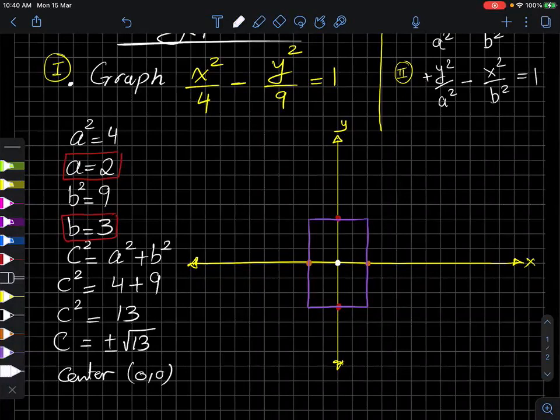The asymptotes should be dashed lines like this, passing through the corners of this rectangle and the center. So it should be like this, and also one more like this, passing through the corners of the rectangle and also the center of this hyperbola.